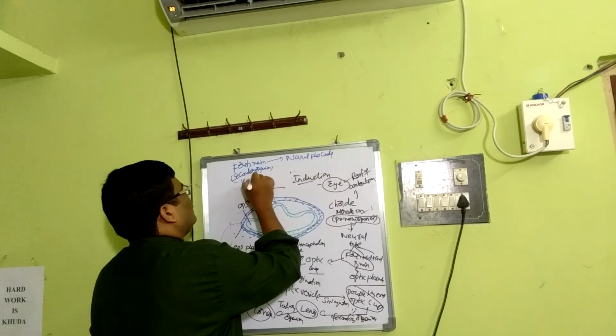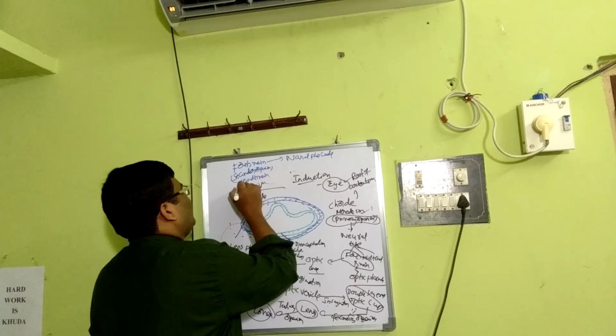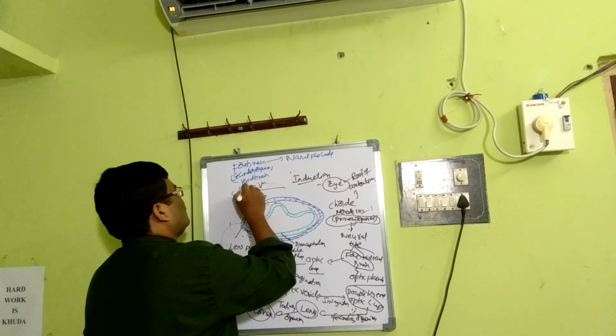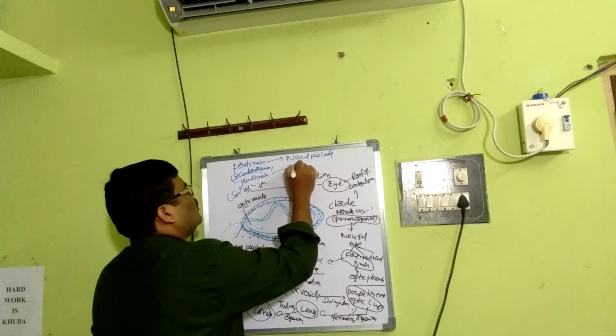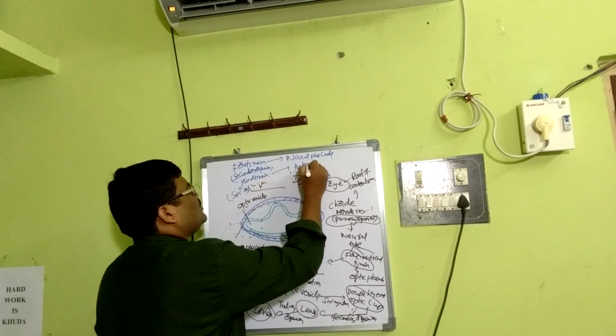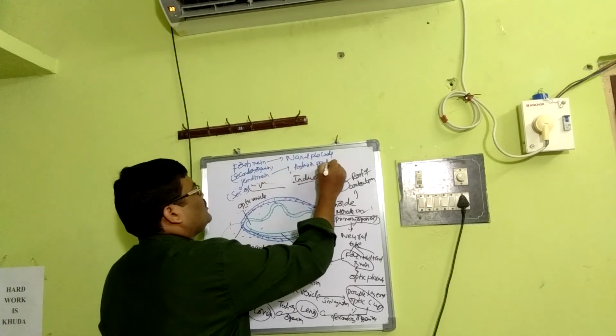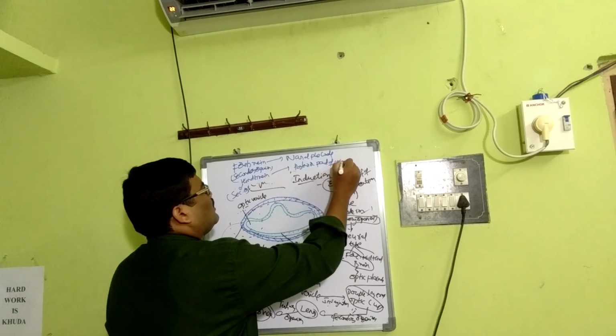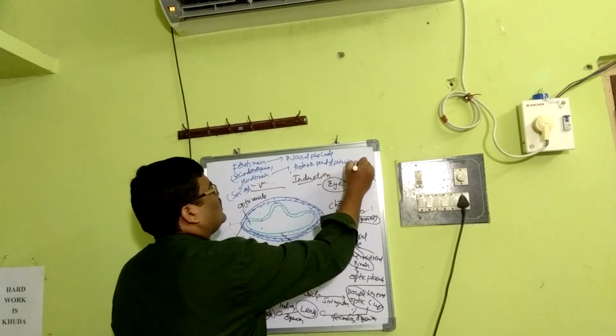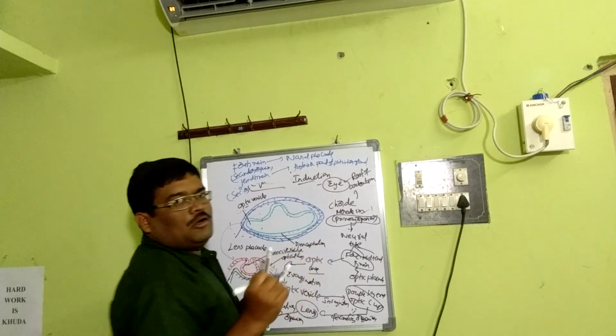Hindbrain is also a secondary organizer to form the posterior part of the pituitary gland. Posterior part of the pituitary gland. This is very much important.